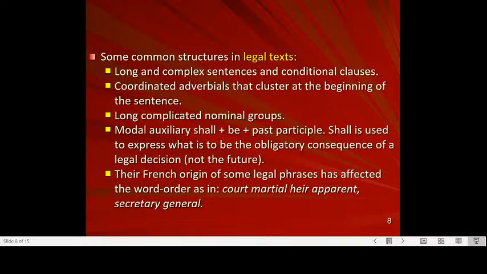Shall is used to express what's obligatory, the obligatory sequence of a legal decision, not the future. The French origin of some legal phrases has affected the word order, as in court-martial, heir apparent, secretary general instead of general secretary.